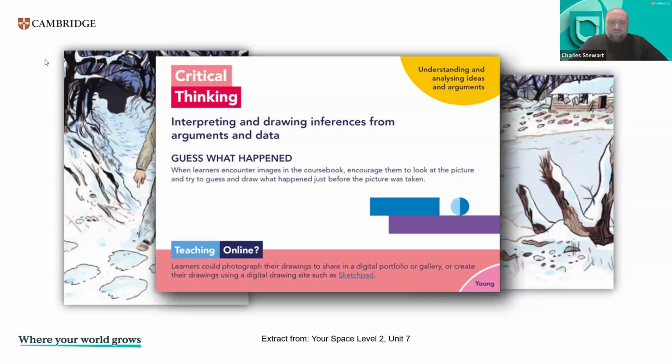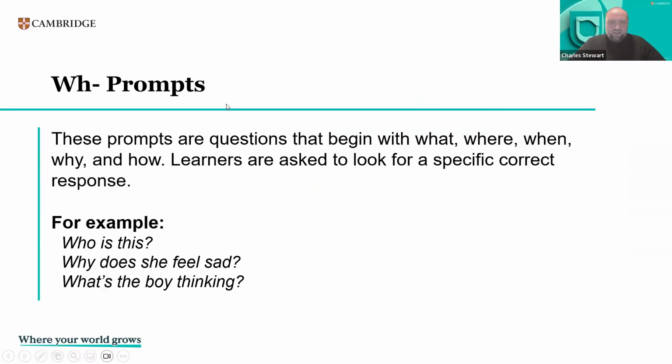Now, from here, after we discuss the pictures, before we do the reading, I would then do another activity, and that involves the WH prompts. Who, what, where, when, and why. 5 WH question words.